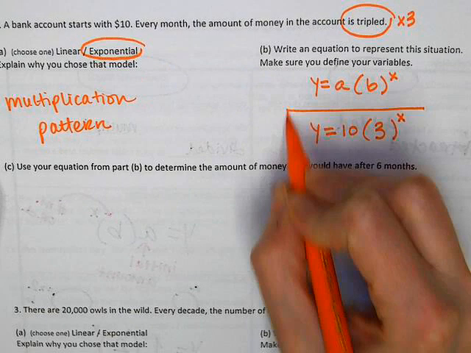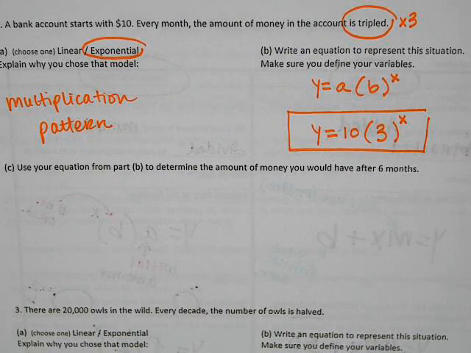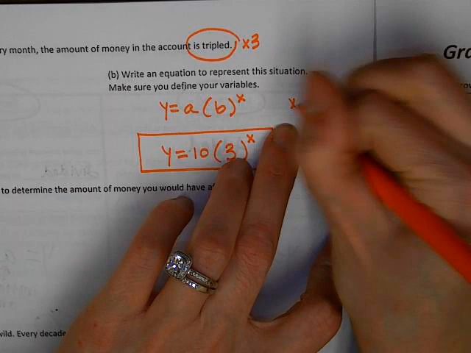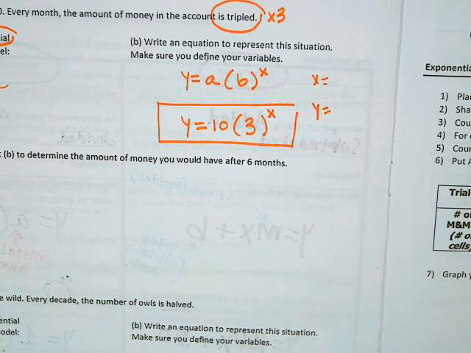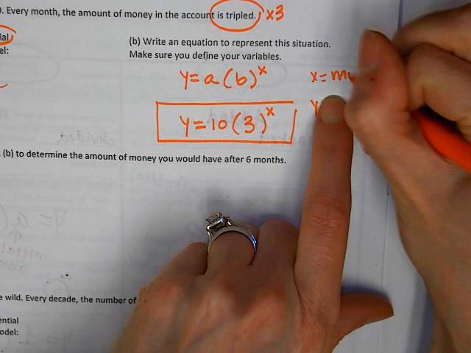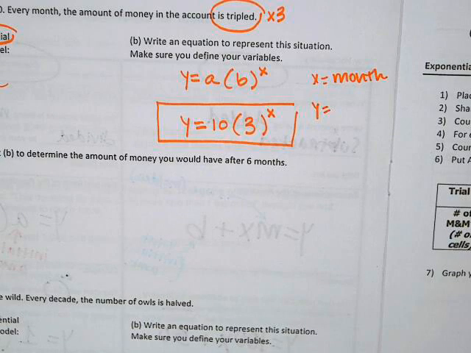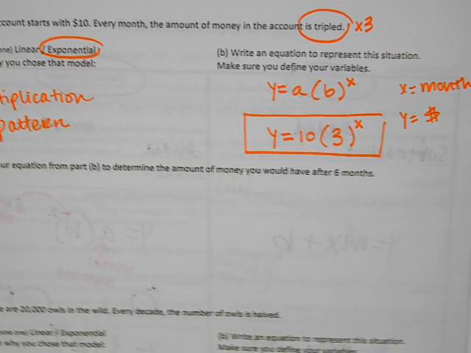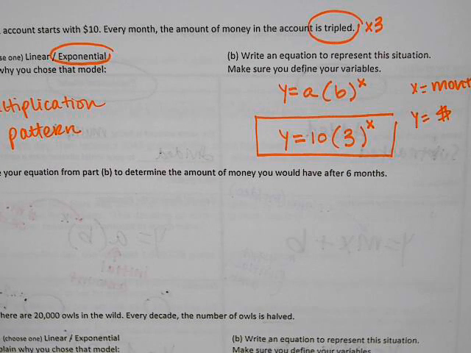Okay, so that's our model. Define your variables. Let's write what X and Y stand for. X is the month, and Y is the money. So depending on the month, Y tells you how much money you have.